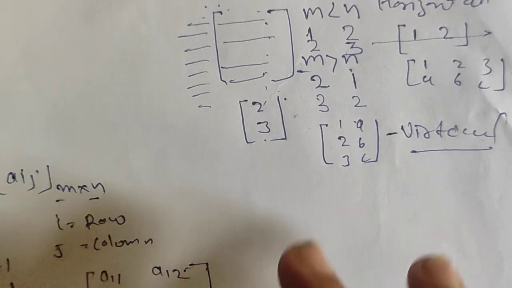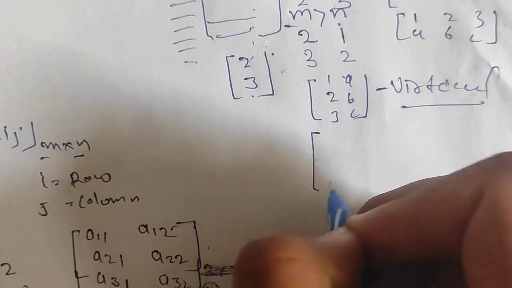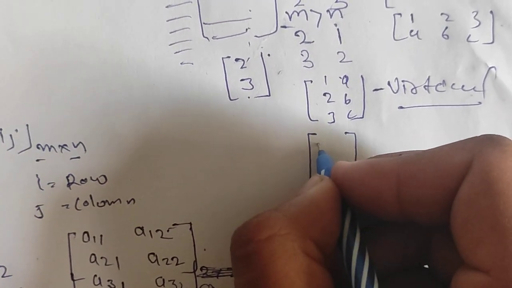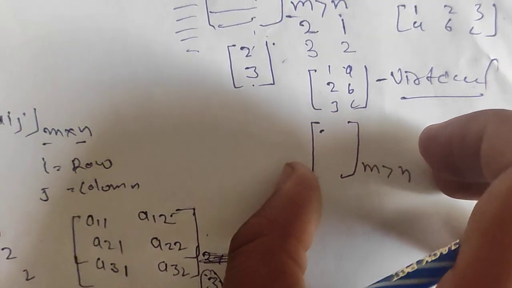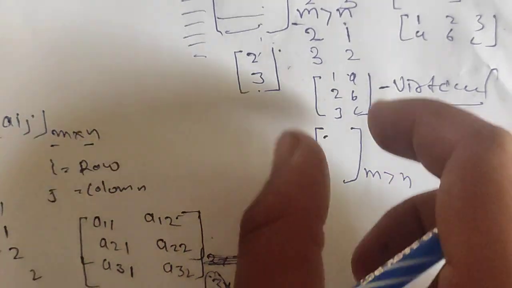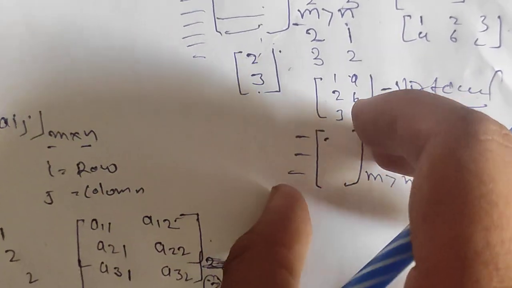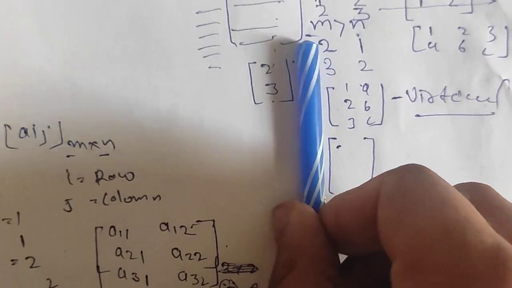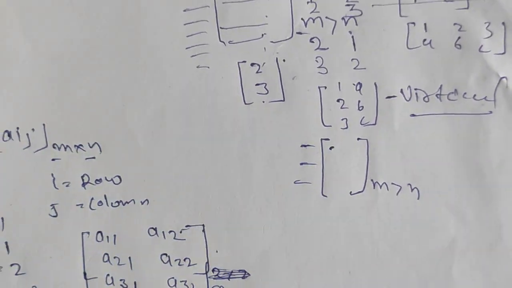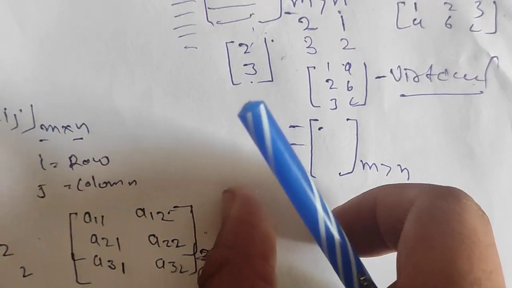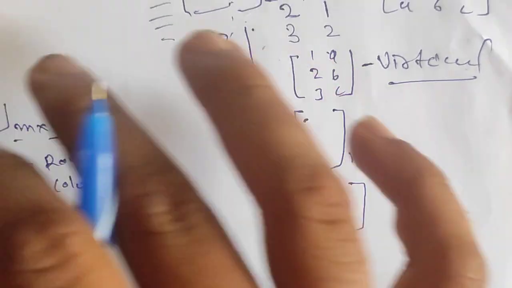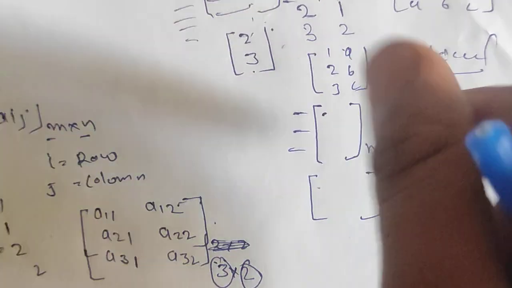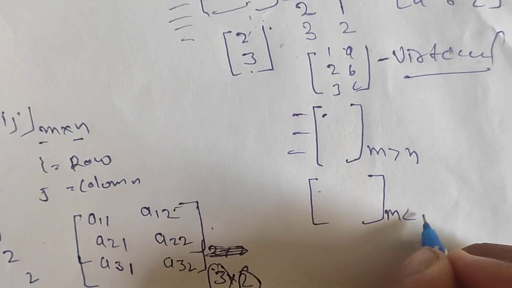But we can also say that, for example, in a vertical matrix we have m greater than n. If we flip it, the number of rows now becomes columns, and the inequality also flips, so this becomes horizontal.